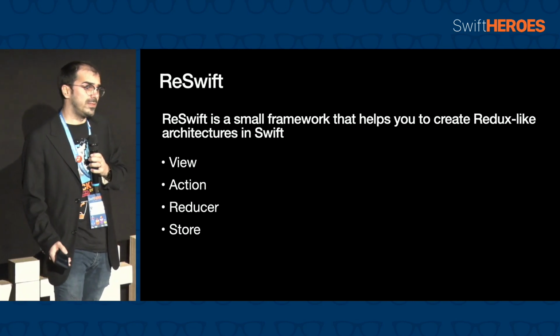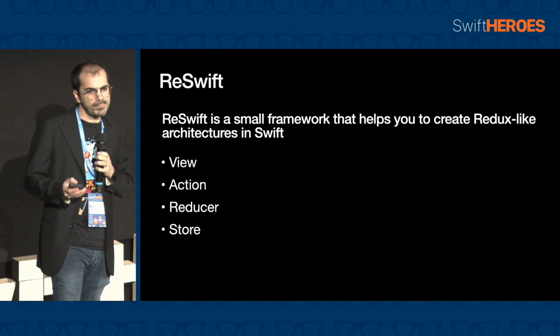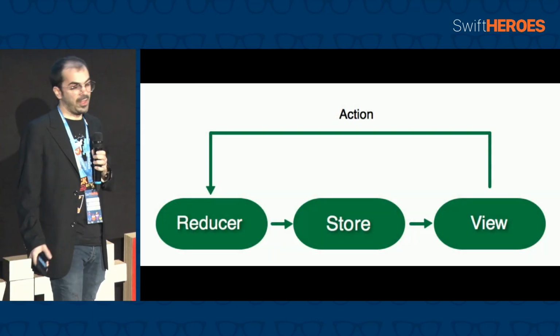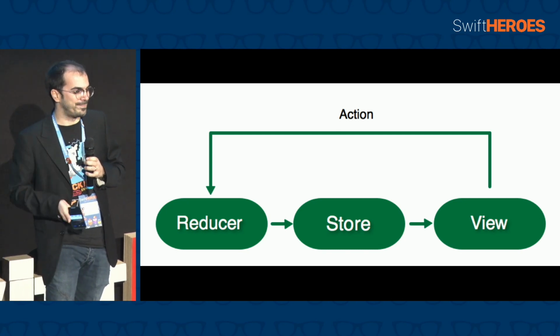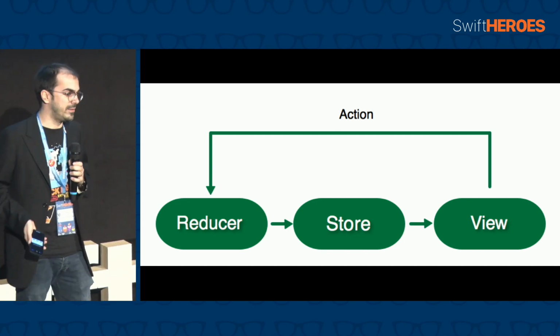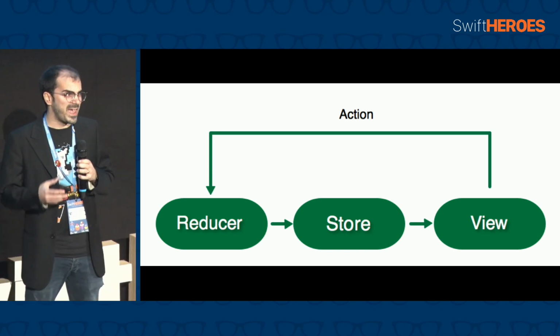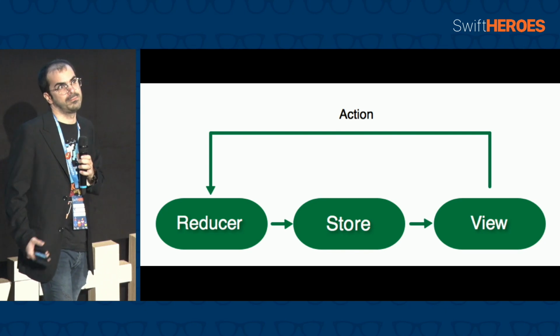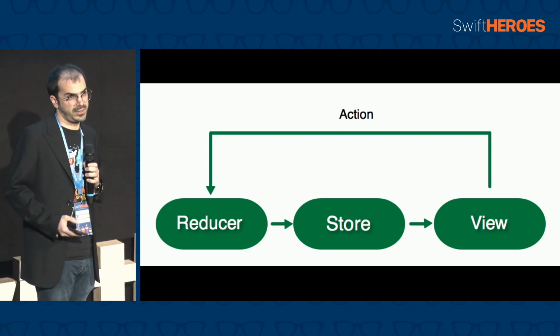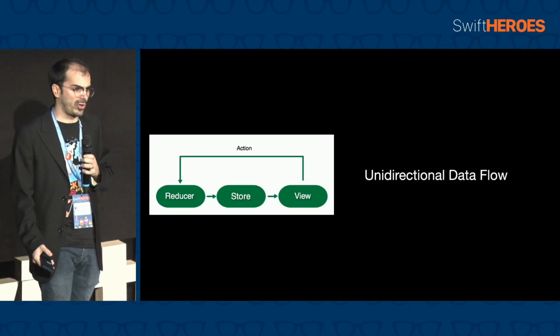If we put those components inside a diagram, and we try, of course, to draw an arrow between the components, drawing the flow of data, we will see one of the most important benefits of this kind of architecture, which is the unidirectional data flow.